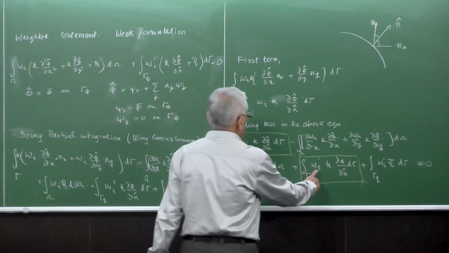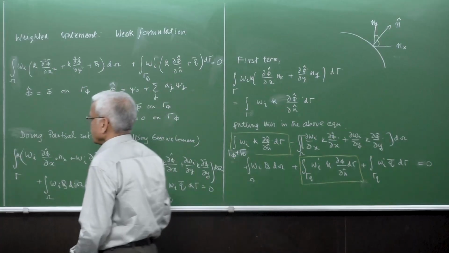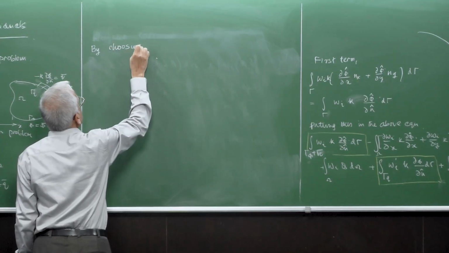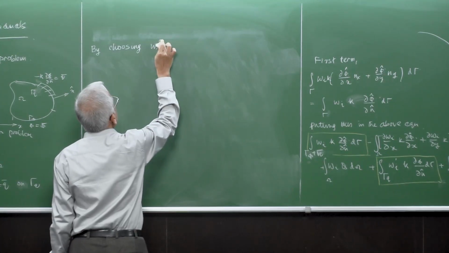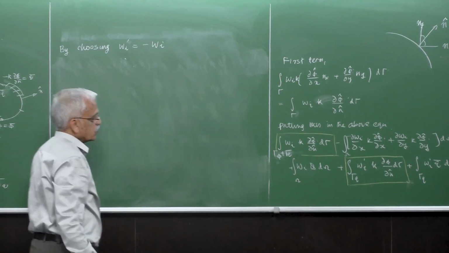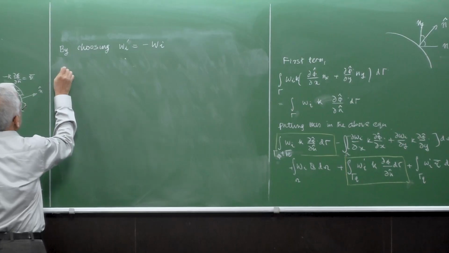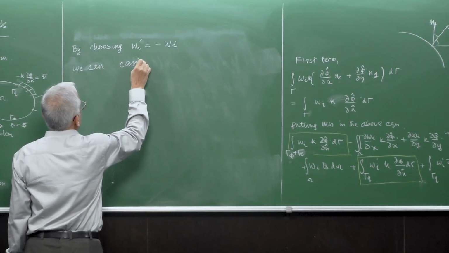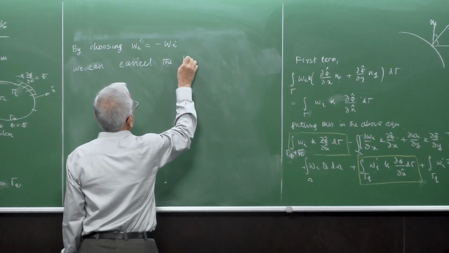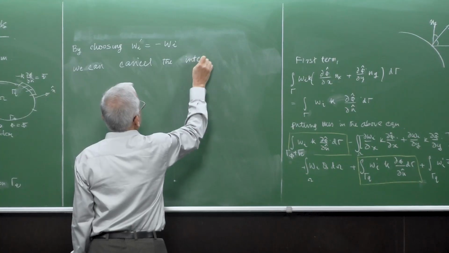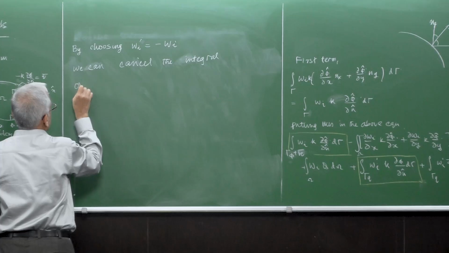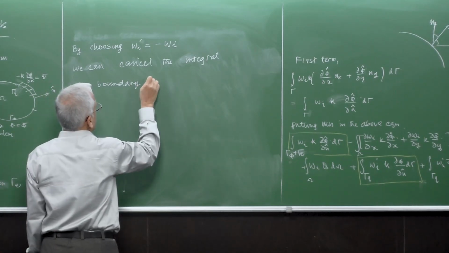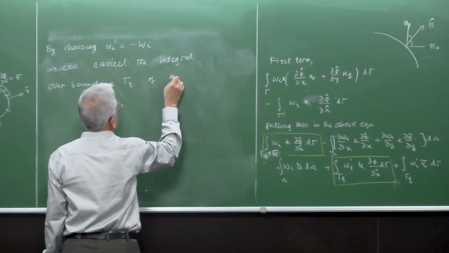So you can see that these two can be cancelled, okay, by appropriately choosing. How can we choose? There's a wi prime here and then there's a wi here. So by choosing wi prime equal to minus wi, we can cancel the integral over boundary gamma q of k dou phi by dou n.